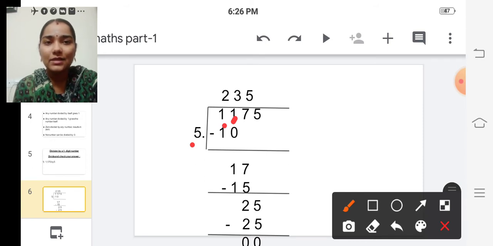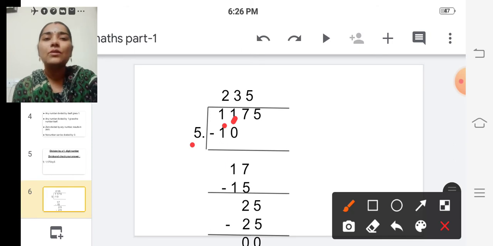You have to be thorough with the multiplication tables, children, so that you can do your problems easily. Here we are using the 5 tables.